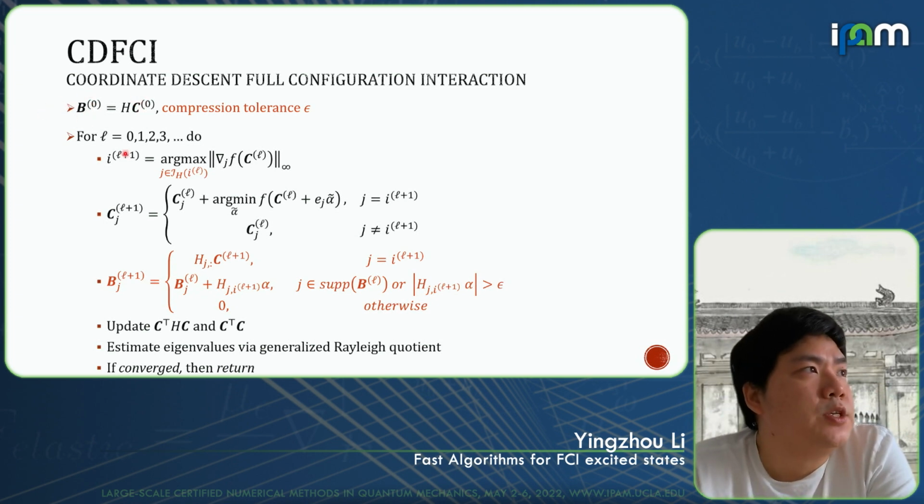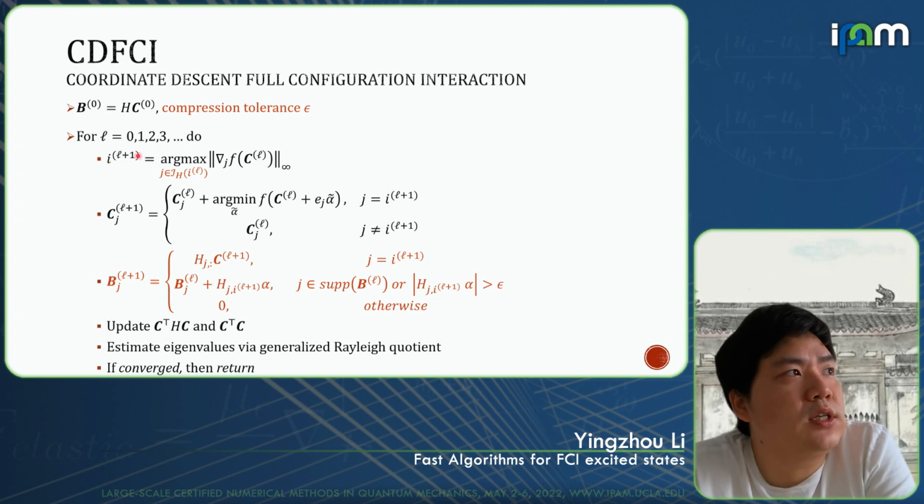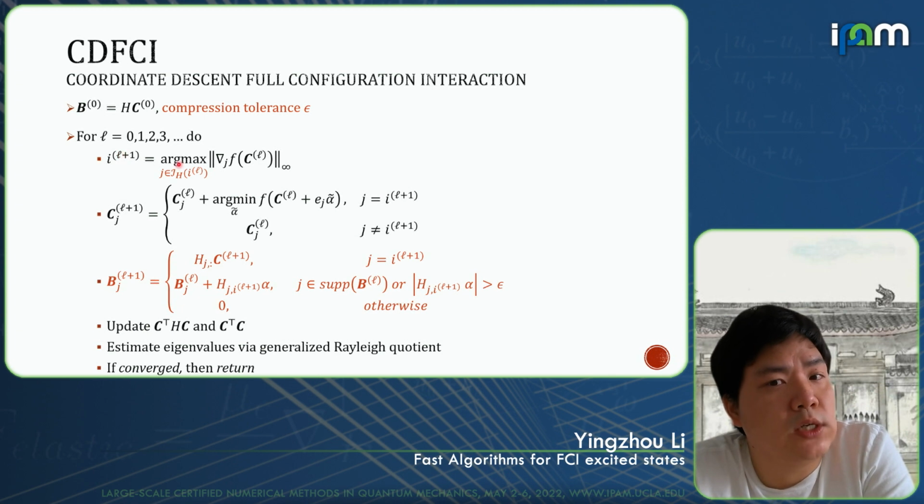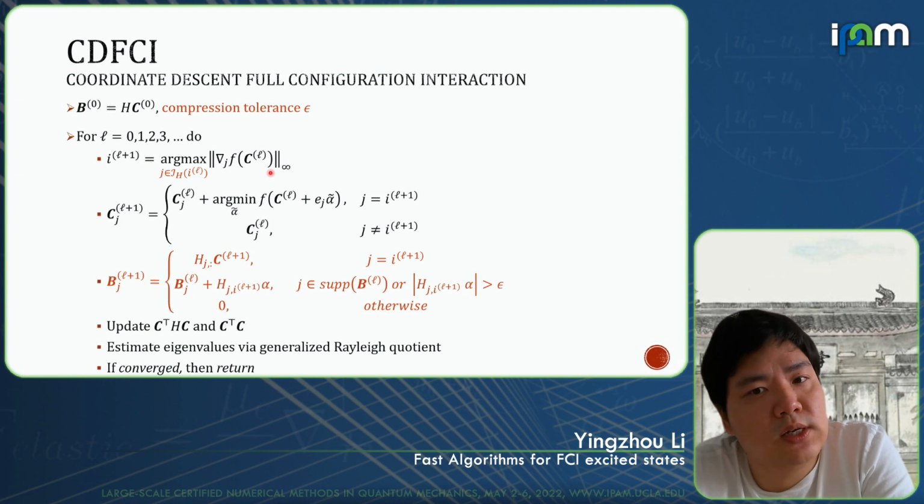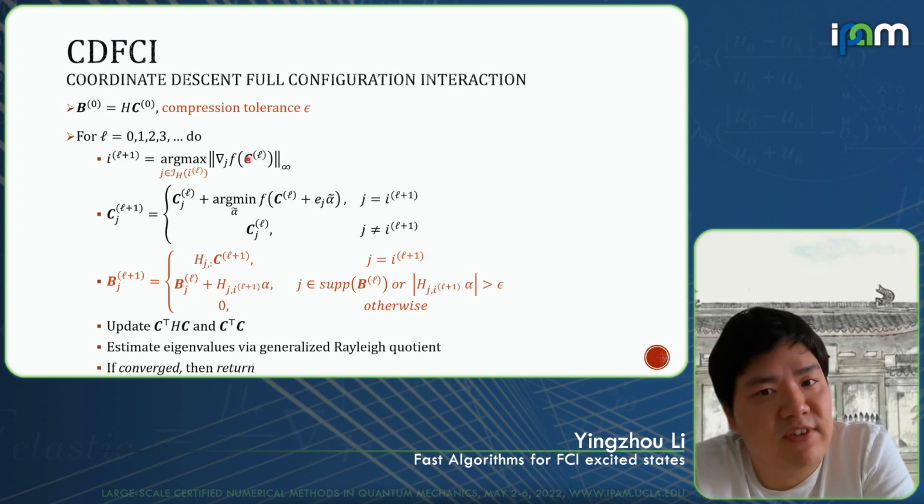In the first step of the iteration, we take the selected coordinate. We will essentially just select a row of the vector, since we update each row as a whole. How we select the row is we find the largest entry of this gradient vector and take the row of that entry. That's why we take the L infinity norm of a row vector, and then we find the argmin of that row.